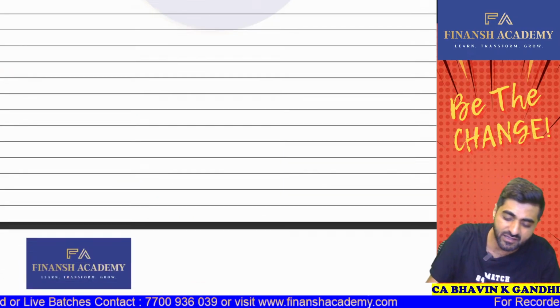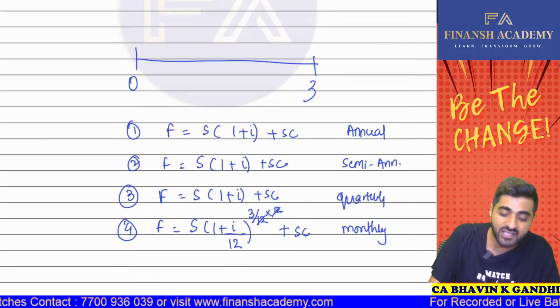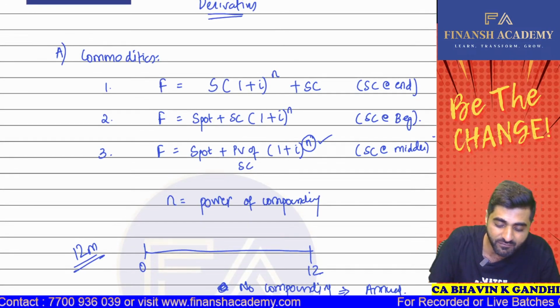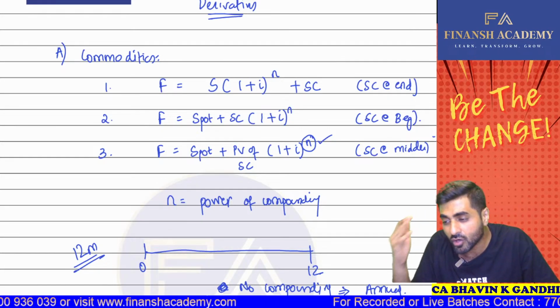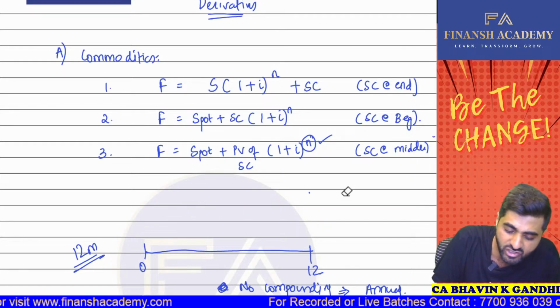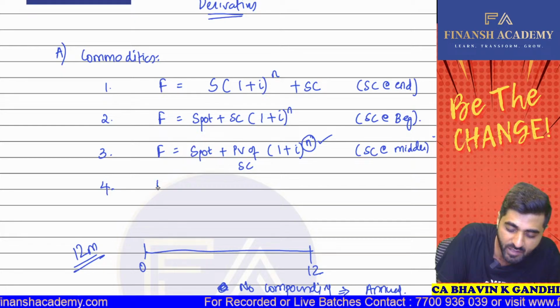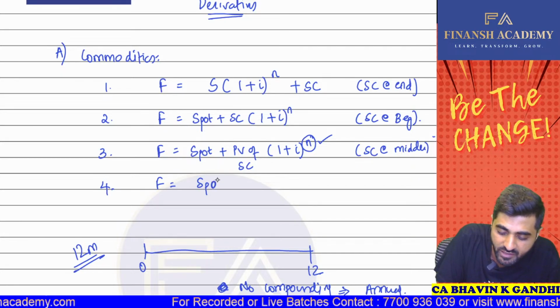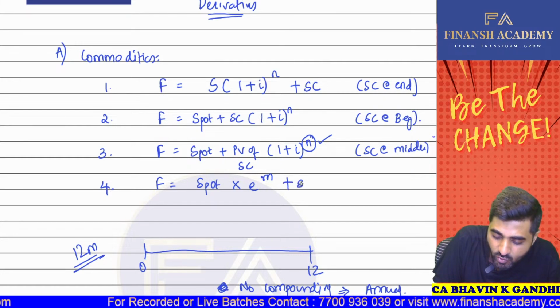So if you are pricing the futures, and if you're dealing with commodities, you just have to understand whether there is any continuous compounding or not. My dear students, if there is any continuous compounding, then make sure that we take E. So that is why the formula for that will become F is equal to spot into E raised to the power n plus storage cost.